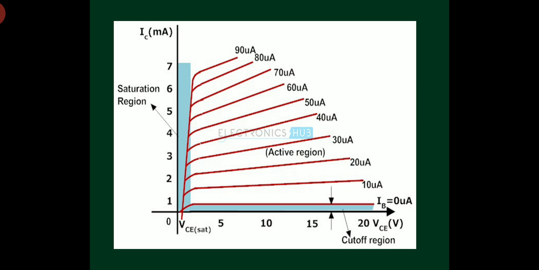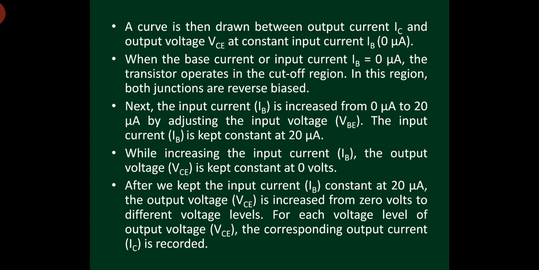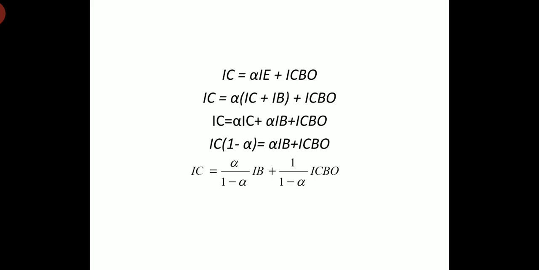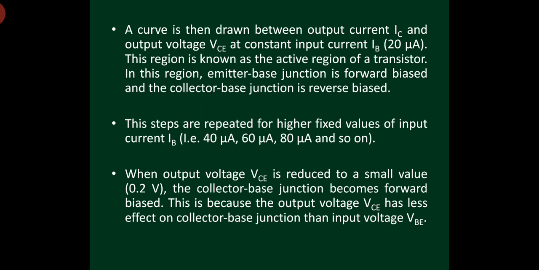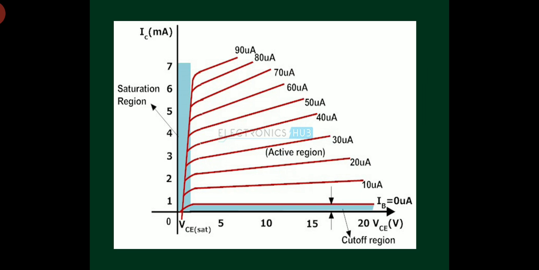Even if IB is 0, IC becomes 1 by 1 minus alpha into ICB naught. Even though ICB naught is very, very small, it is multiplied by the term 1 by 1 minus alpha. Therefore, even if IB equal to 0, we get a small current IC.